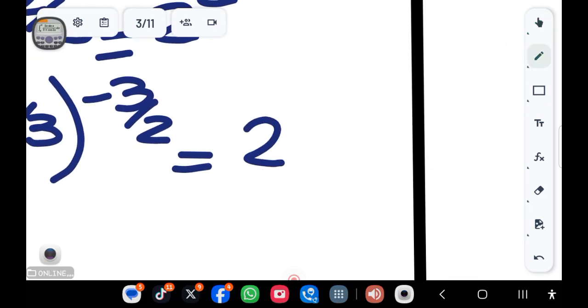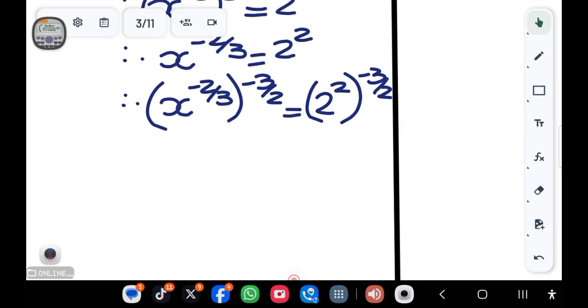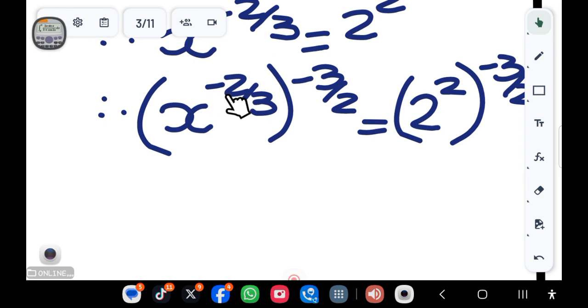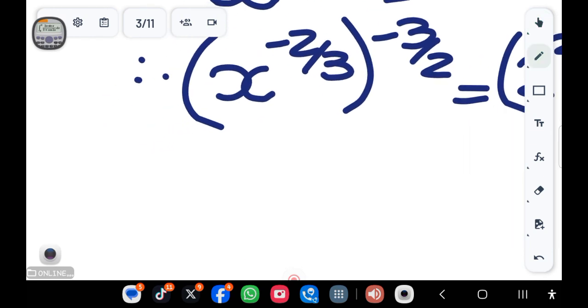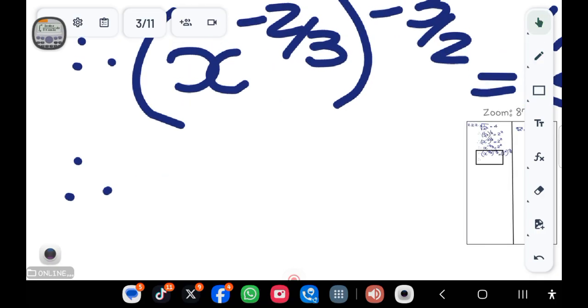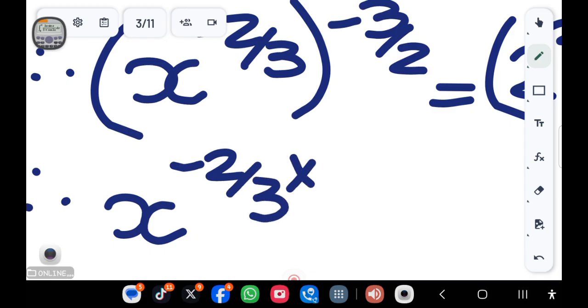So that will be 2 to the power of 2, raised to the power of the negative reciprocal. All right, so that is okay. Now when you raise a power to another power, remember, you multiply the exponents together. So that becomes x to the power of -2 over 3 times -3 over 2.